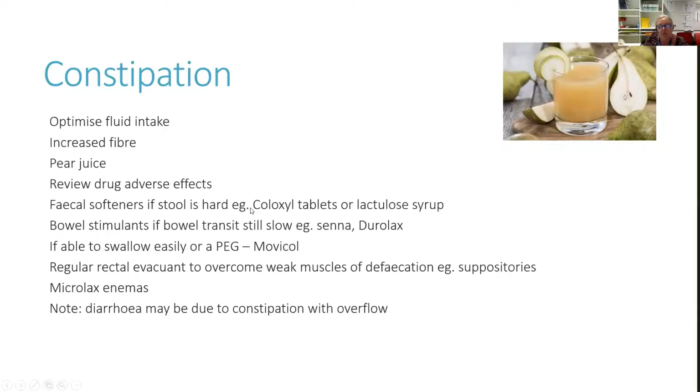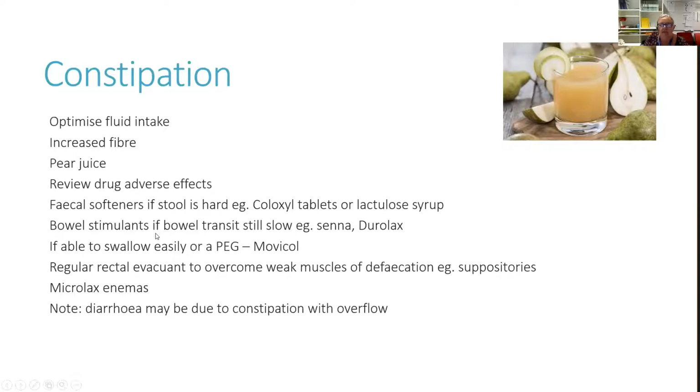Tablets for bowel control work in different ways. We have those that are softeners. If your stool is hard, things like Coloxyl tablets or lactulose syrup help soften your bowel motion.